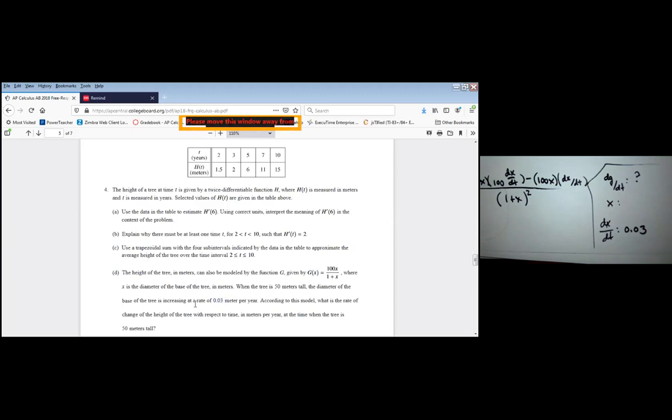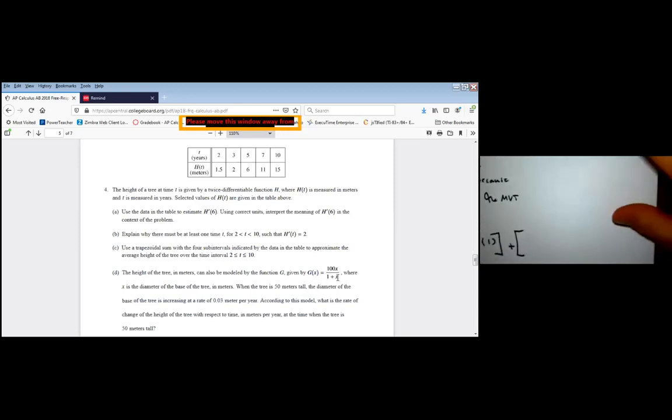The height of the tree is modeled by g, so to figure out x, you got to plug in 50 for g of x and solve it out. Because this whole thing is happening when the tree is 50 meters. It's changing at 0.03 when it's 50 meters.